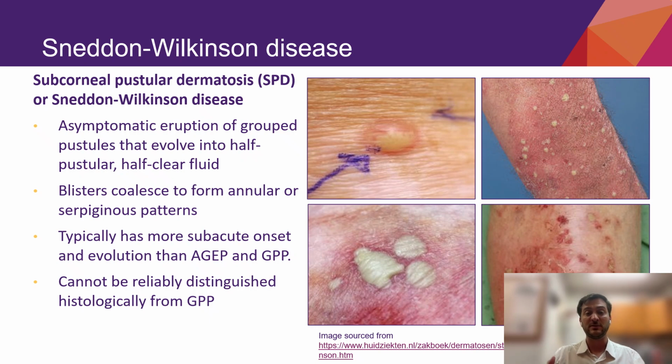The patient does not have such a systemic symptomatic profile, and the lesions usually have these characteristics that we definitely should look for: they evolve into half pustular and half clear fluid. That's a very important clue for diagnosis.